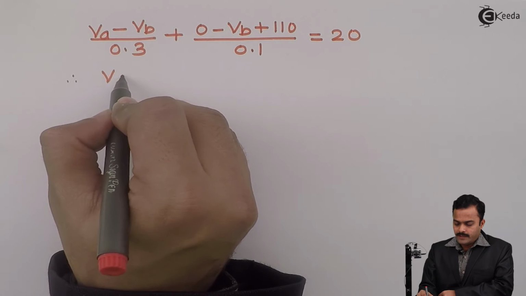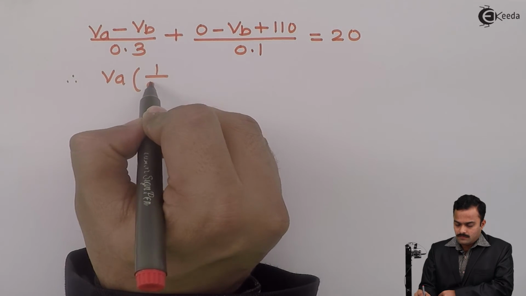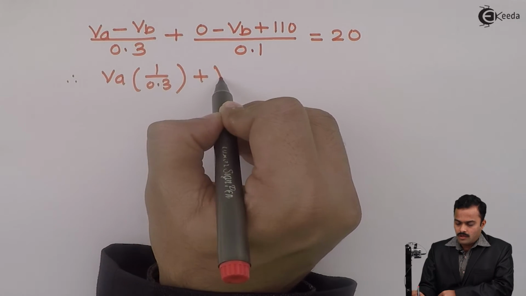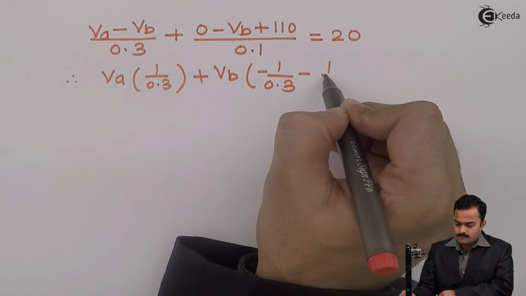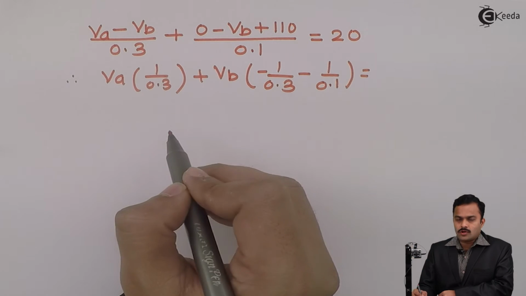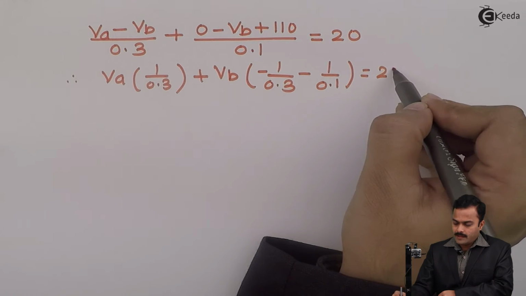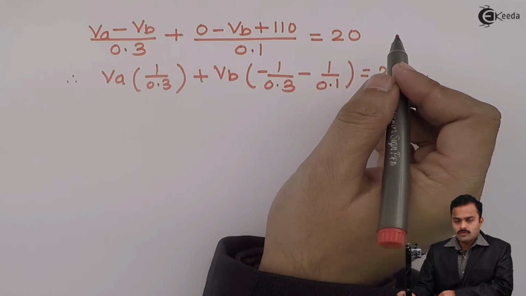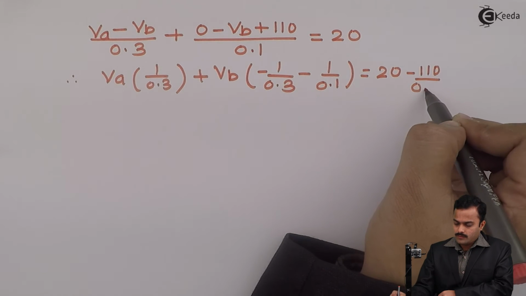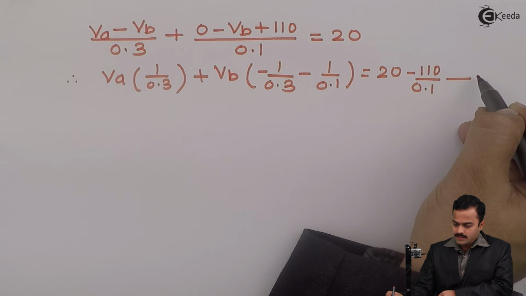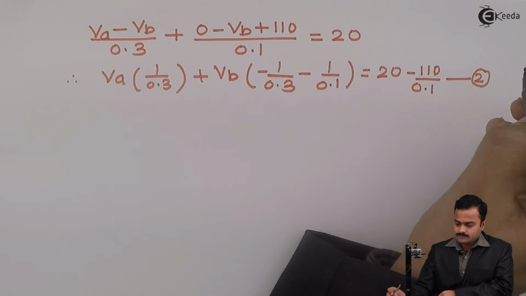So I can club VA terms together, all VB terms together, and then the constant. So 20 I will keep as it is. This will go the other side, so 110 divided by 0.1. This will be equation number 2.